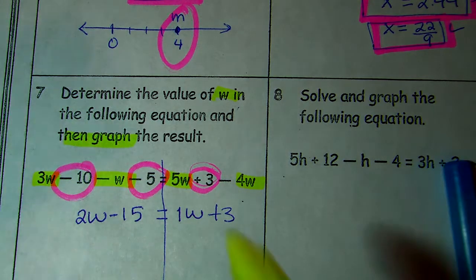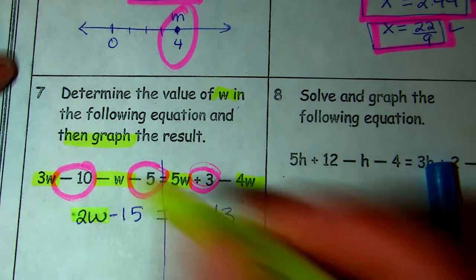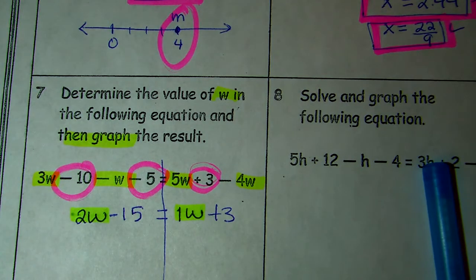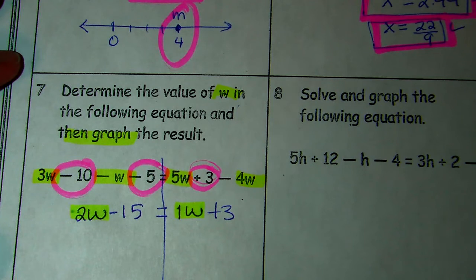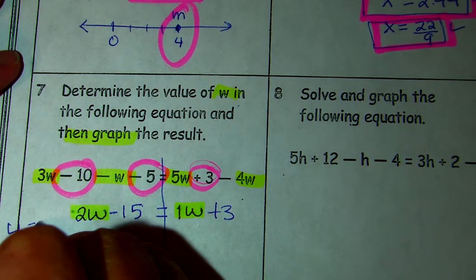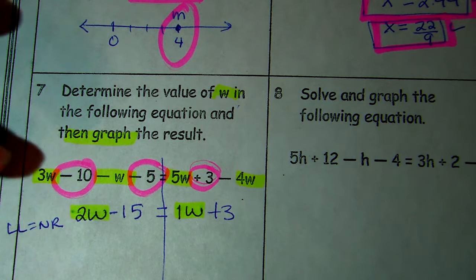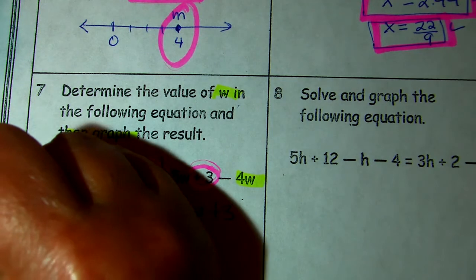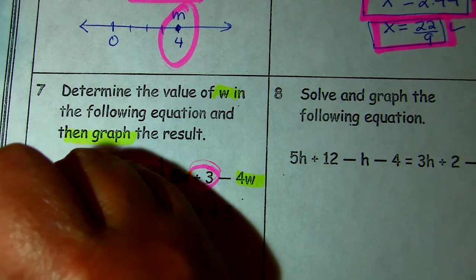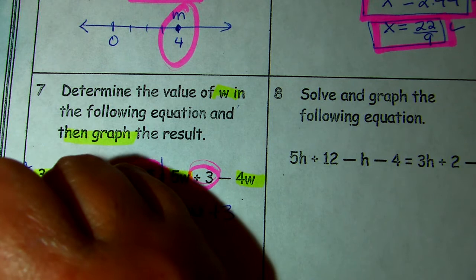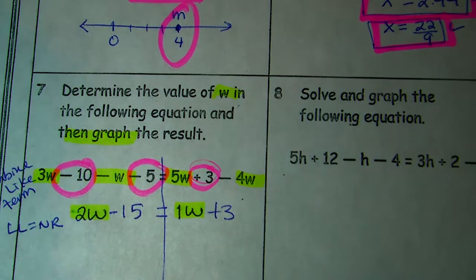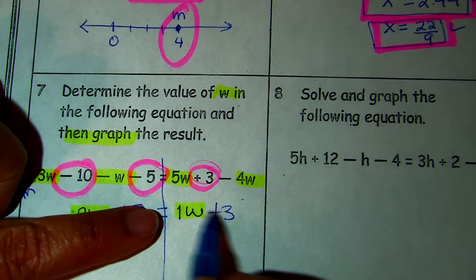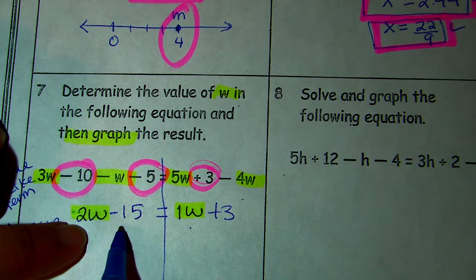All right, remember, we're solving for W. We want letters to the left, numbers to the right. We already did combine like terms, now letters to the left, numbers to the right. So this is combine like terms, just labeling the steps. Over here I don't want the W on this side, I want it on the left.